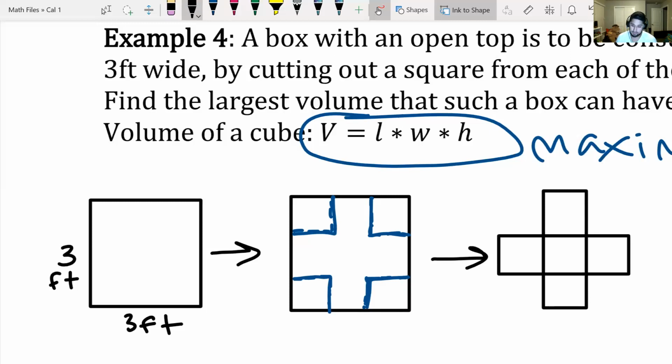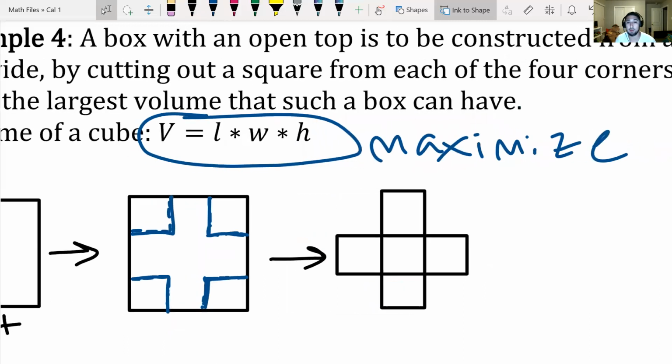Okay, so for these small corners, I will label them. The labels on the corners we cut will be x, and that will be x.